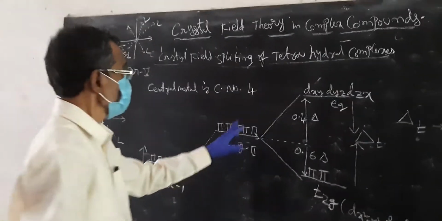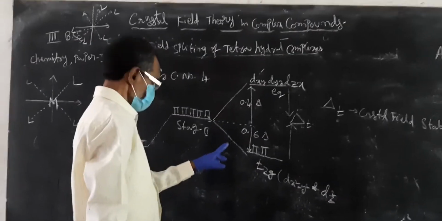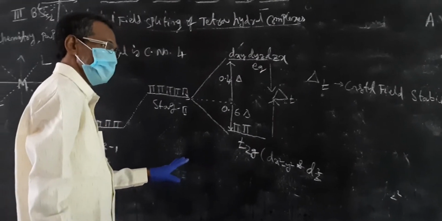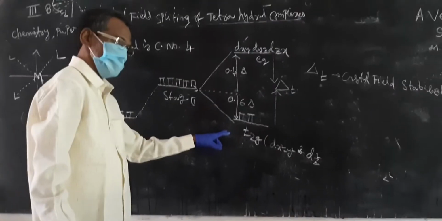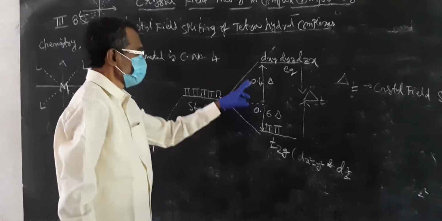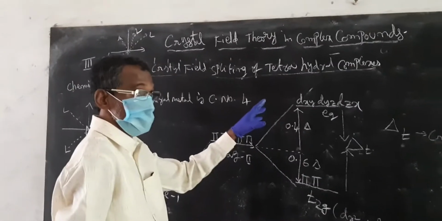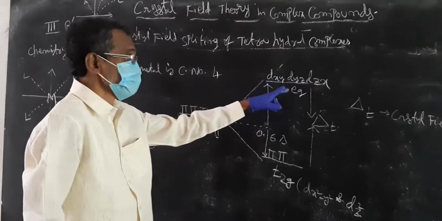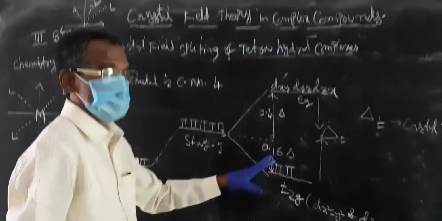In these tetrahedral complexes, the lower energy orbitals are stable, and the higher energy orbitals occupy higher energy levels with lower stability.